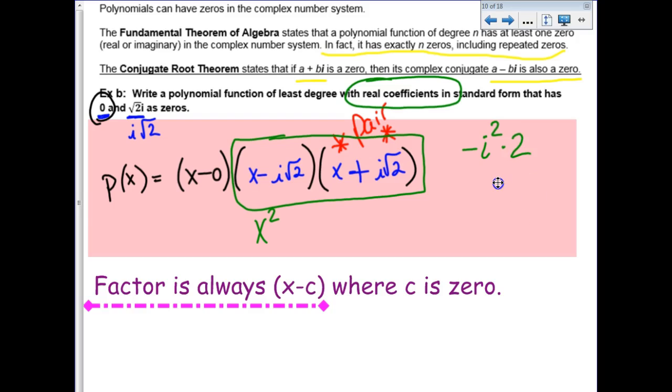That's weird. What's i squared again, guys? It's a negative 1. So this is like negative times negative 1 times 2. What is this last term, y'all? It's a positive 2. So that green box is actually just the factor x squared plus 2. Those are all real numbers. That's excellent. And then you can either write x minus 0 or just write x down here.